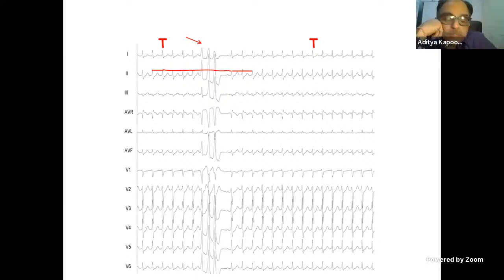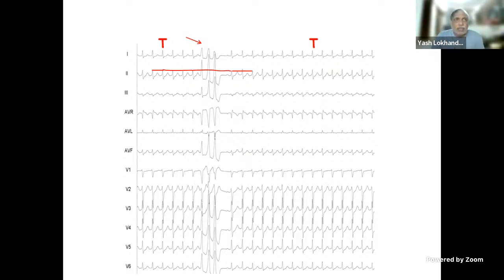Automatic. Correct. The ones which start spontaneously are the ones with abnormal automaticity or enhanced automaticity, whatever you want to call it. So looking at this ECG, you cannot tell from the surface ECG for sure whether the VPBs have terminated the tachycardia, which has restarted, or it is a tachycardia that has continued.